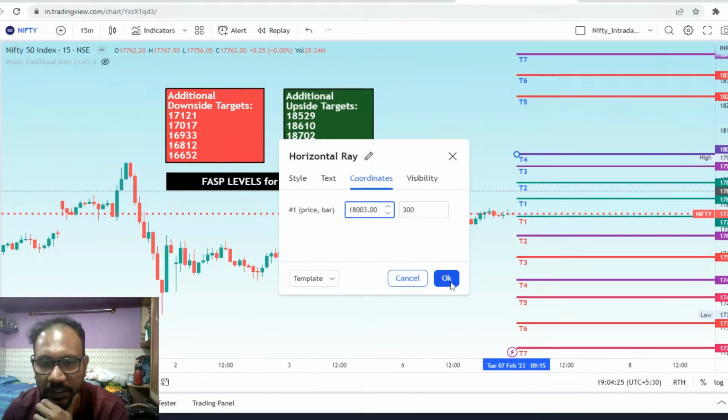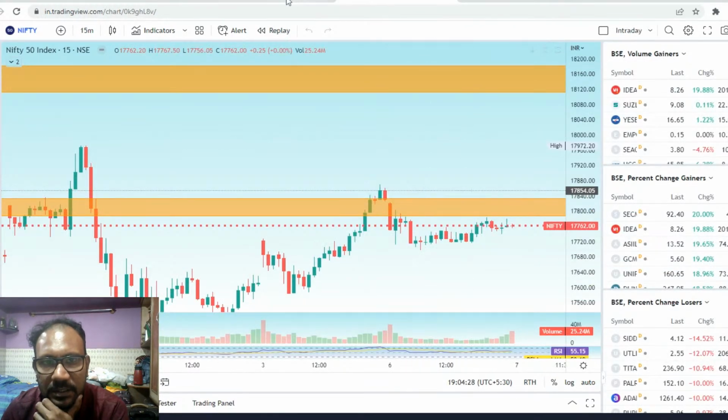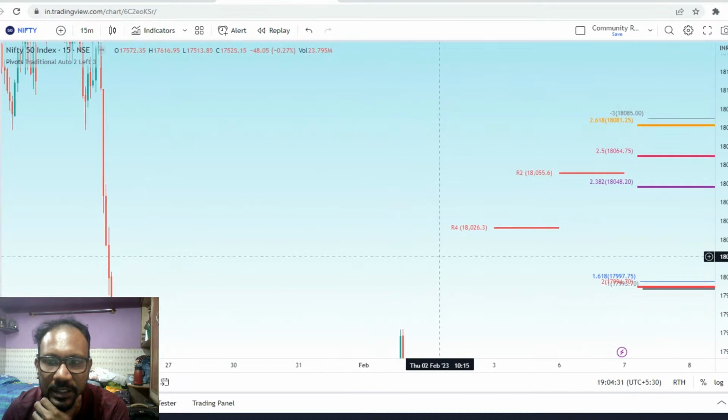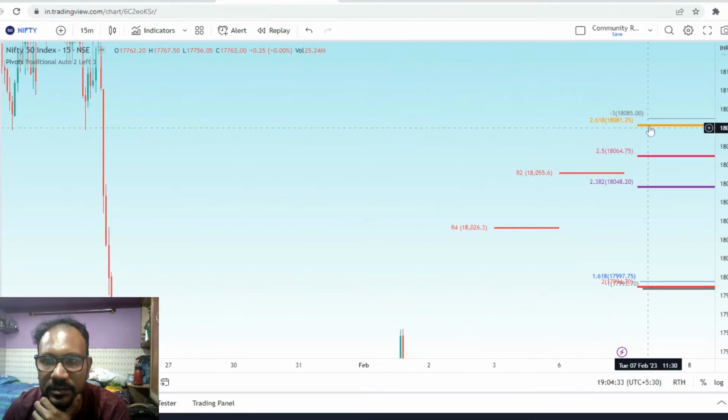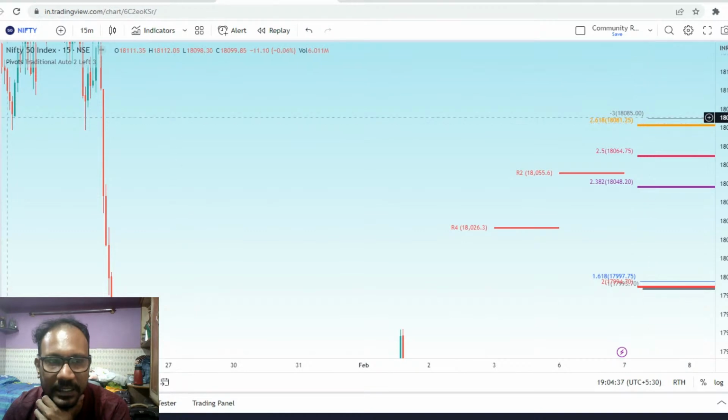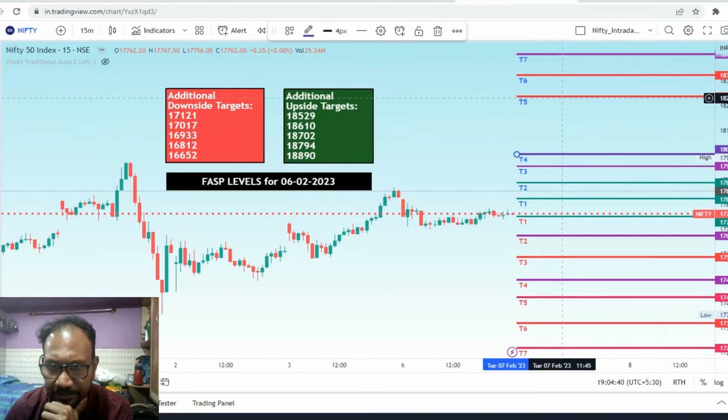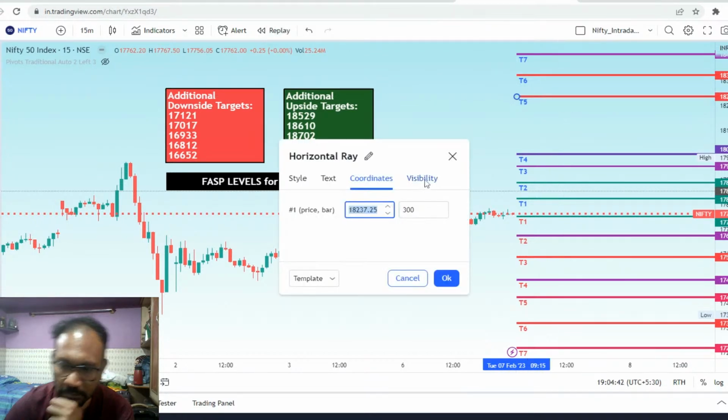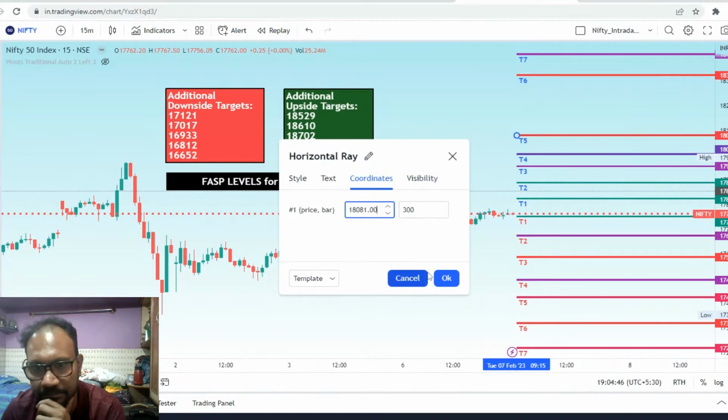Good. Okay, I like this. Then go further up. 281, 268, all these things look good. So the base is also getting touched. So 18,081 looks good to me. This is fine.